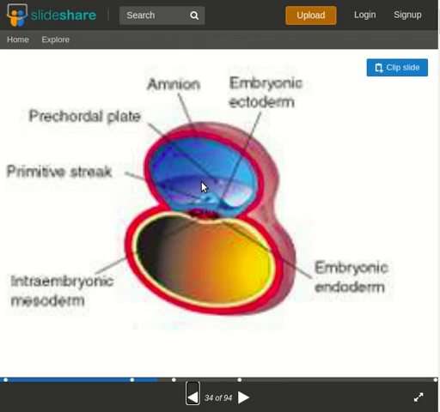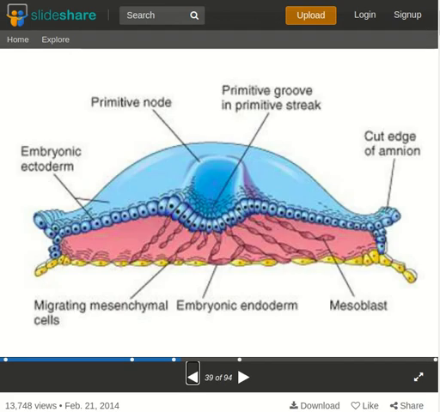So here again we zoom into this part, and it looks like this. So here we have the endoderm, the mesoderm, and the ectoderm.